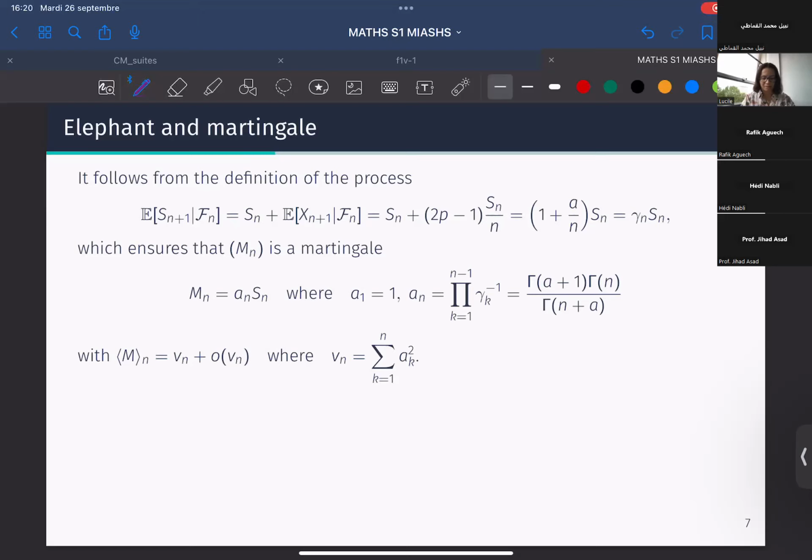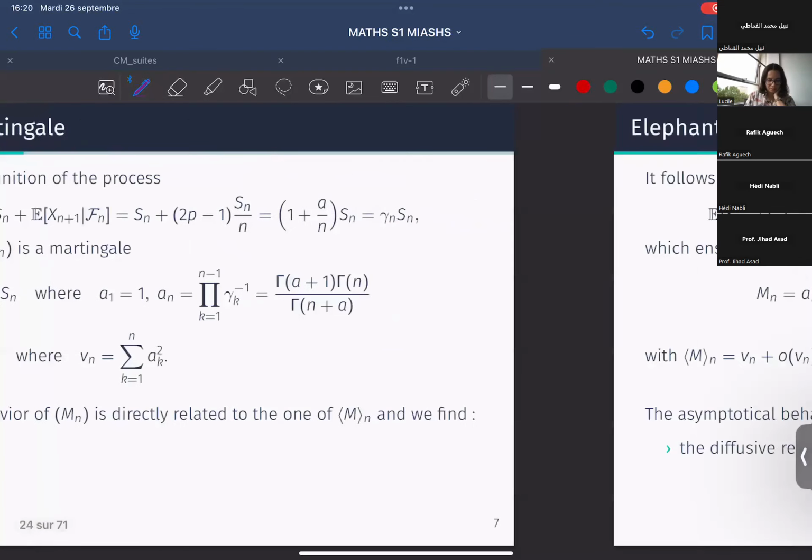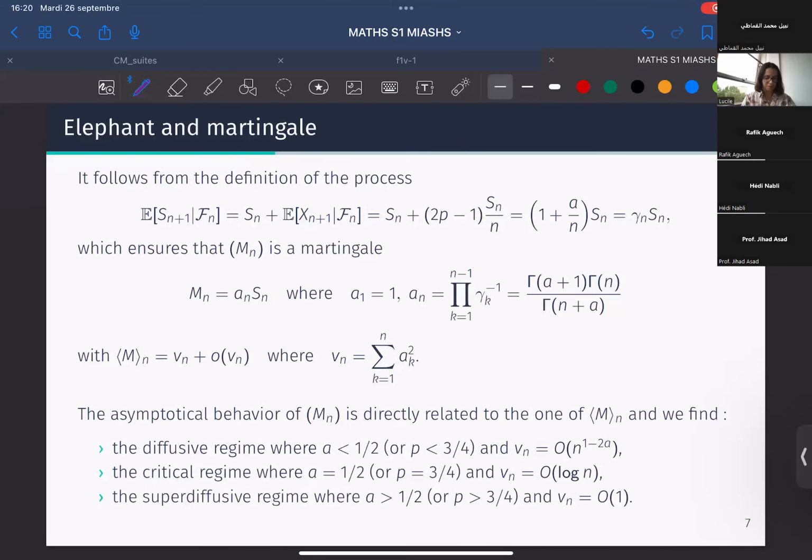Thanks to the study of this martingale, we find that there are 3 regimes of behavior for the elephant random walk. First, the diffusive regime, which is when the parameter a is smaller than 1/2. Remember that a is 2p minus 1, so that means that when p is smaller than 3/4, we are in the diffusive regime.